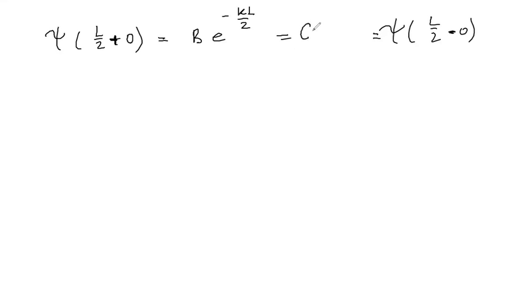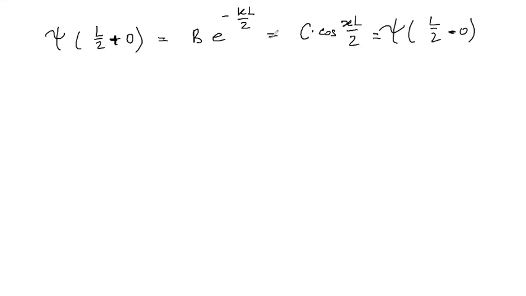So it's going to be C cos kappa L over 2. So this kind of condition. It tells me that coefficients B and C should be related somehow.